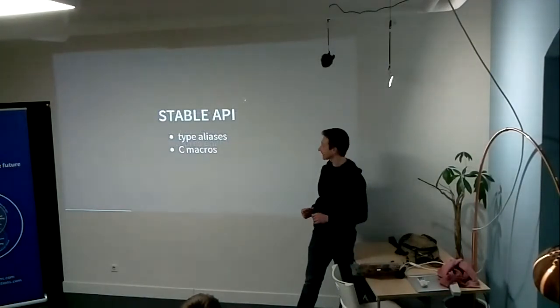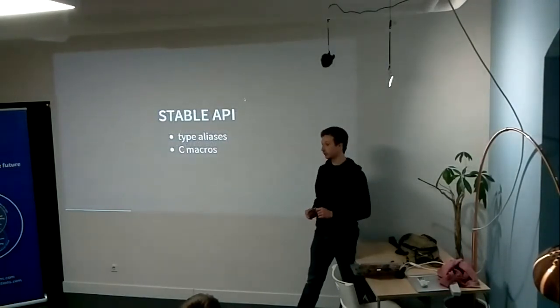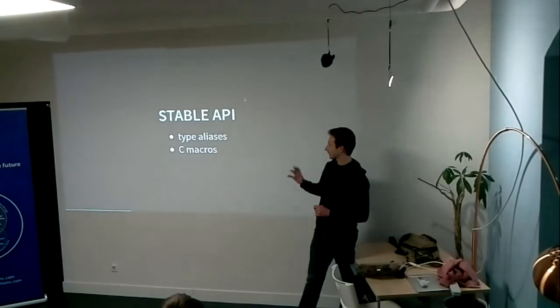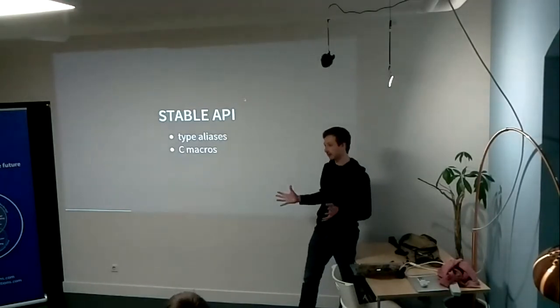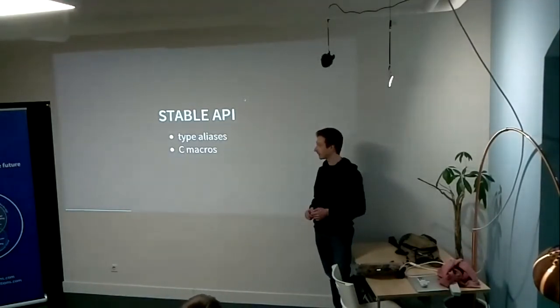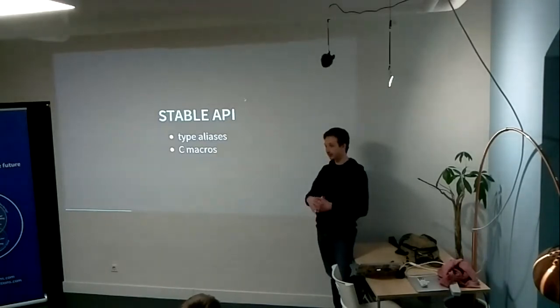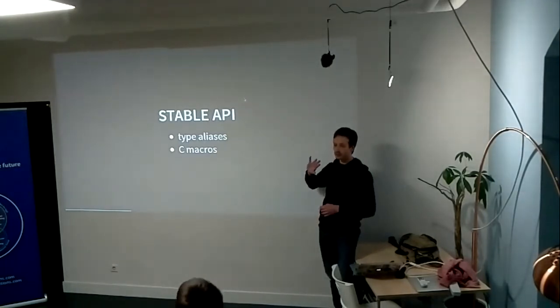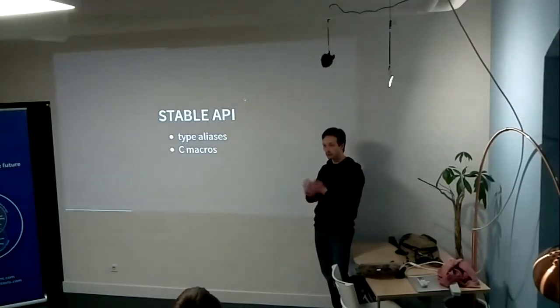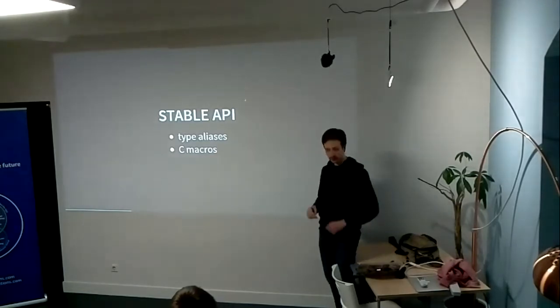What it has is a stable API, otherwise it would be impossible to write modules for it. It's a C program, so it provides a C header file with a bunch of type aliases that abstract away changing types, providing them with stable names you can write. And it also has a bunch of C macros to hide certain varying aspects of the binary interface.